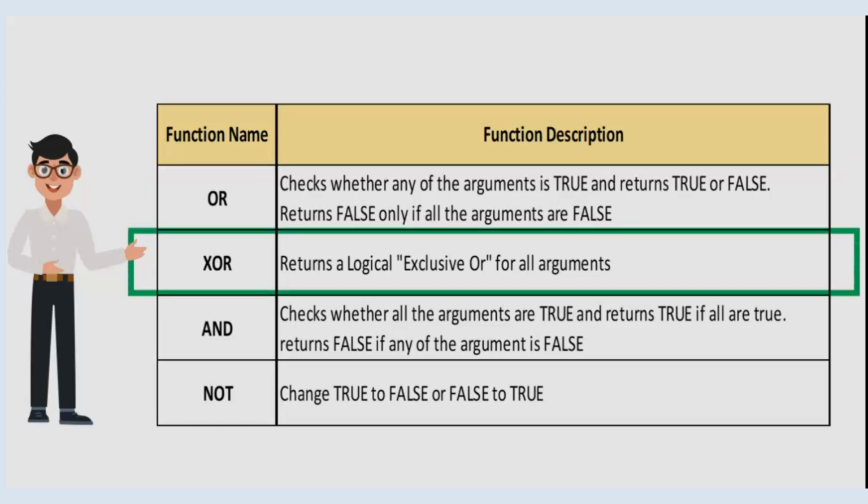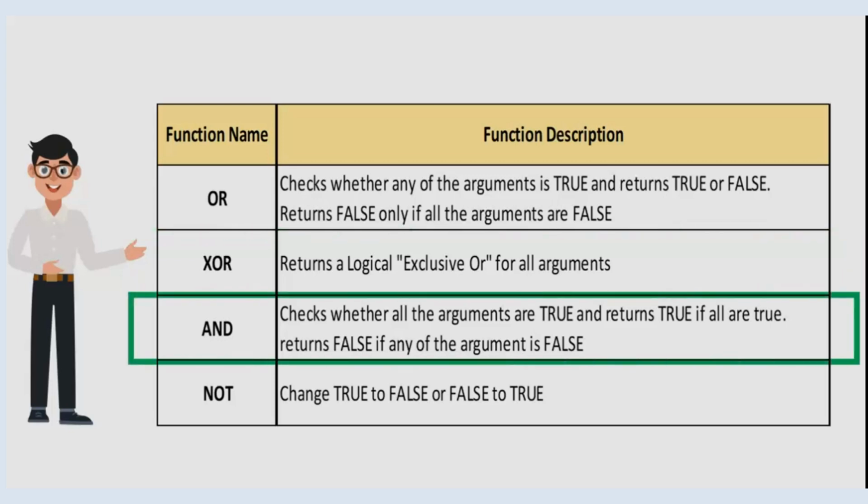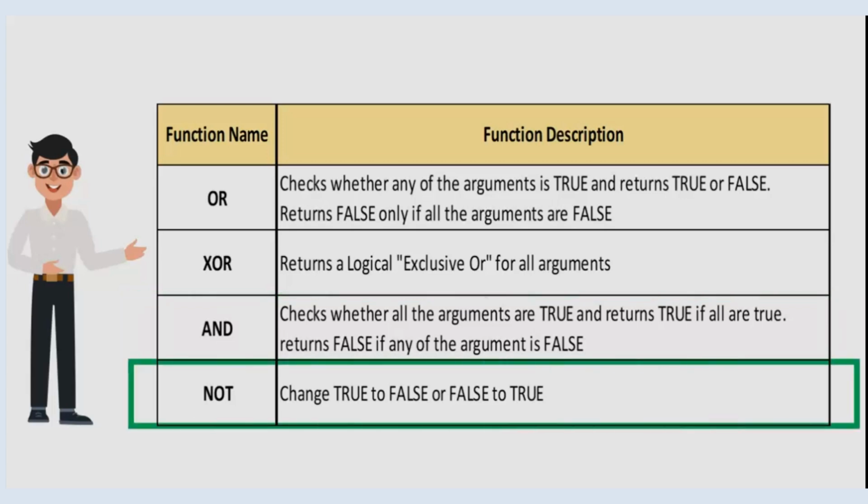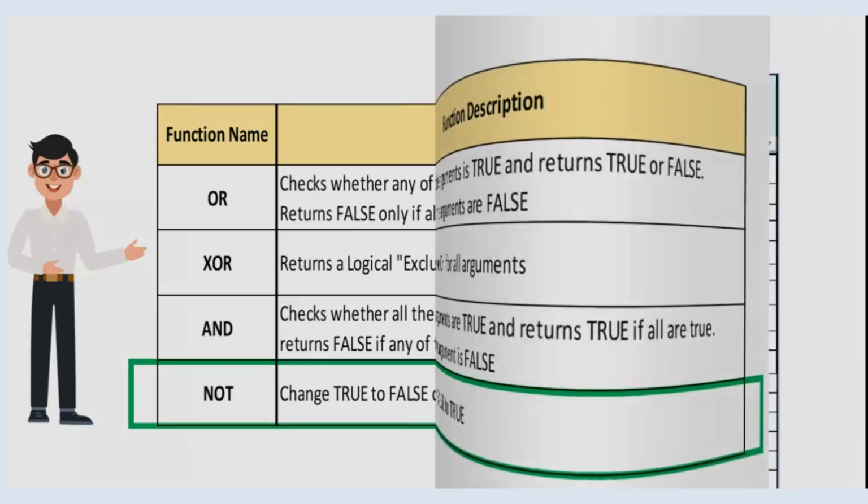Moving to XOR, it returns a logical exclusive OR for all the arguments. Moving to the AND function, it checks whether all the arguments are true and returns true if all are true. It returns false if any one of the arguments is false. Moving to the NOT function, it changes true to false or false to true.